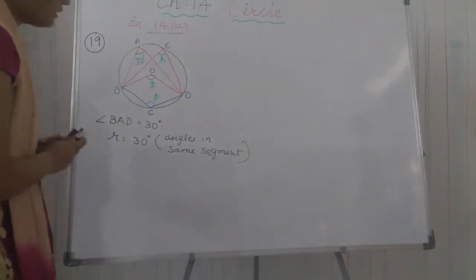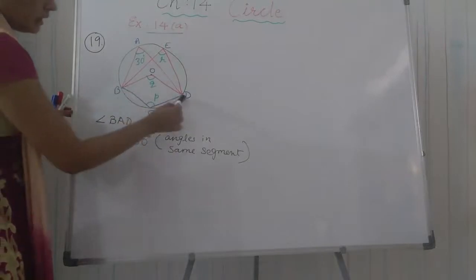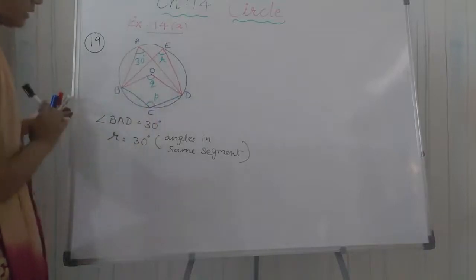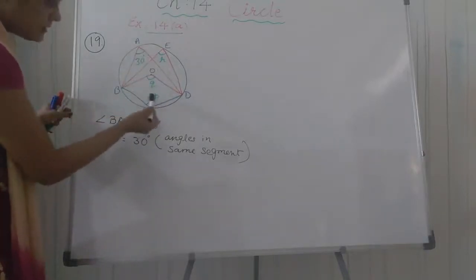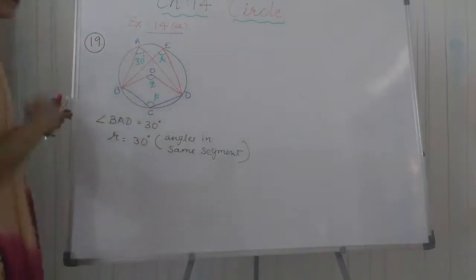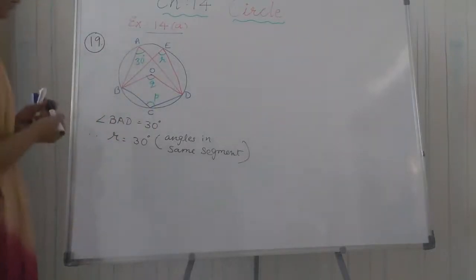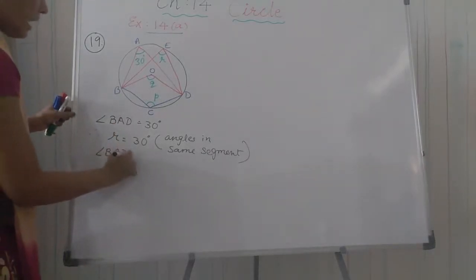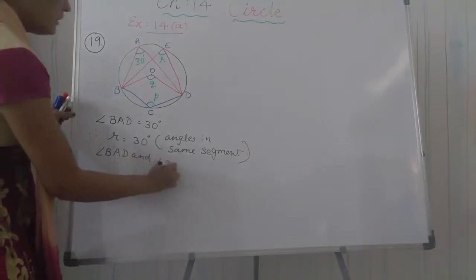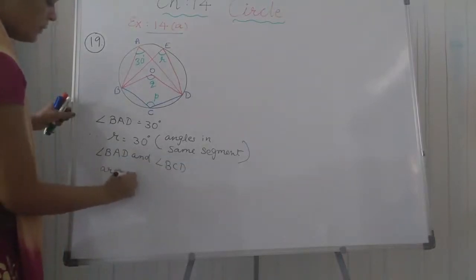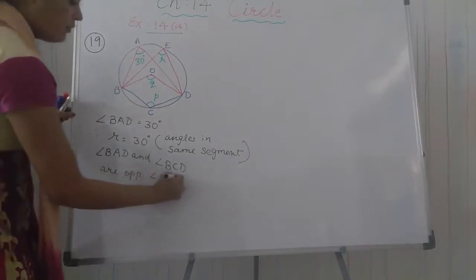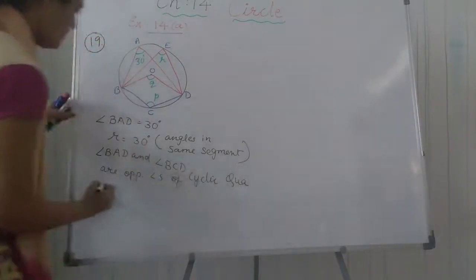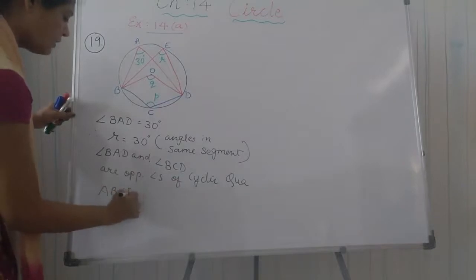Now next you see here that ABCD, four of the vertices lie on the circle. It means ABCD forms a cyclic quadrilateral, and 30 degrees and this angle P are the opposite angles of the cyclic quadrilateral. So they are supplementary angles. So I am writing here angle BAD and angle BCD are opposite angles of cyclic quadrilateral ABCD, right?